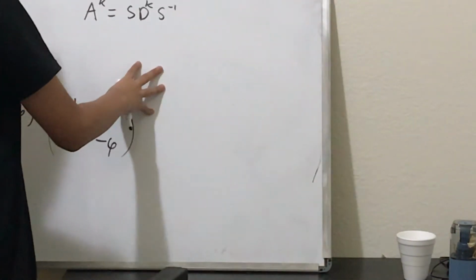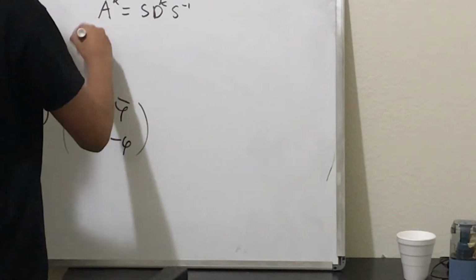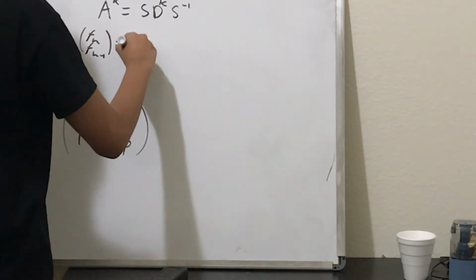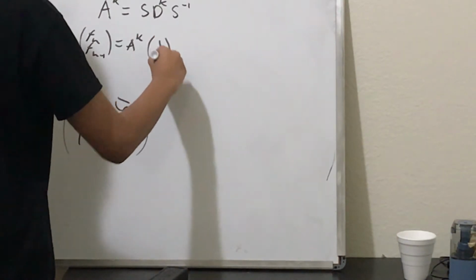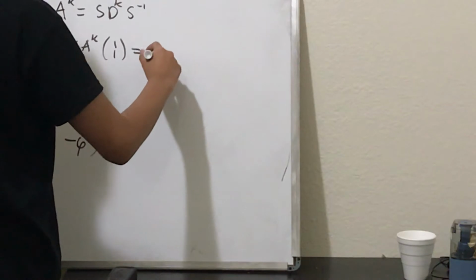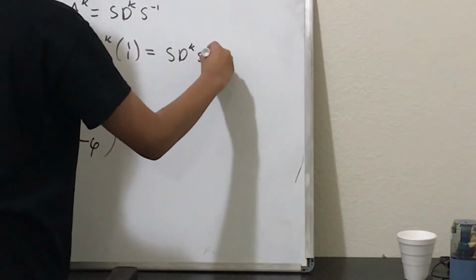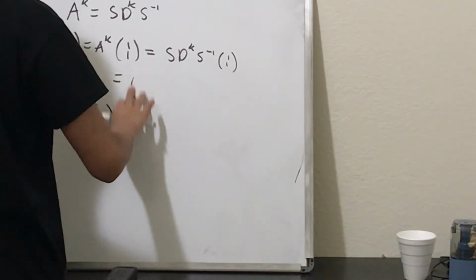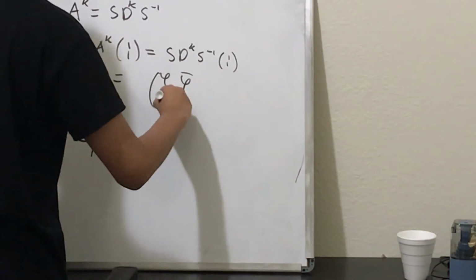So here is what we're going to do. We know that f of n minus 1 is equal to A to the k applied to (1, 1). So we're going to take it slow, step by step. First things first, we're gonna put in our S, d to the k, S inverse, (1, 1). Our S is going to be phi, phi bar, 1, 1.